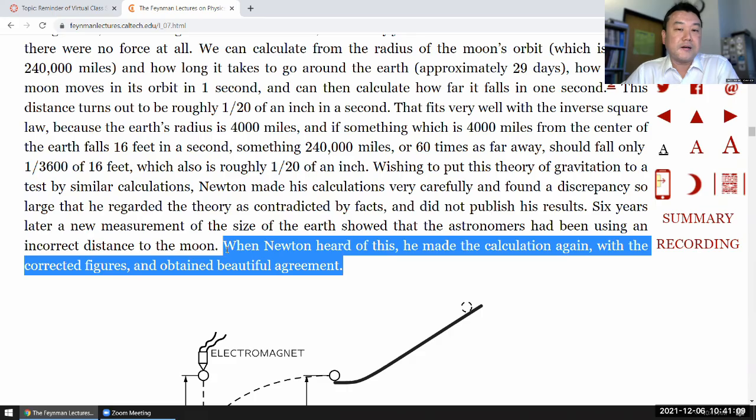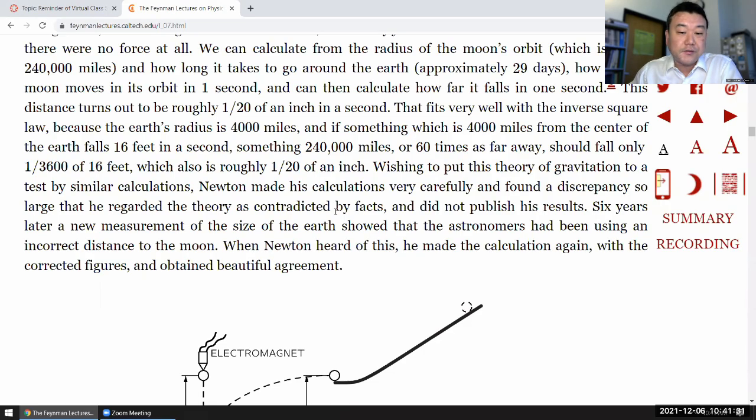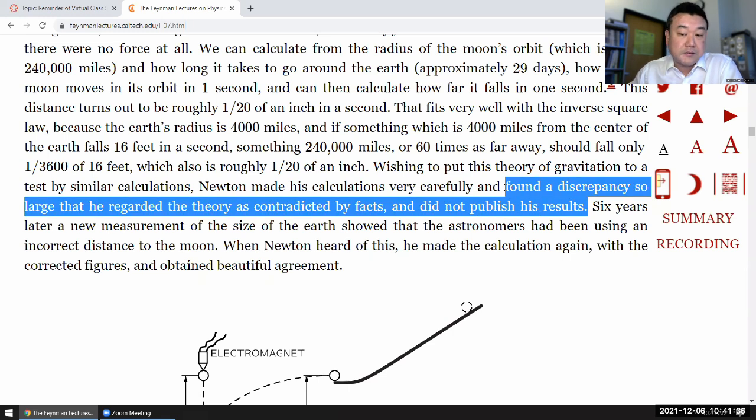I think there are scientists, especially in other fields, who think about what we call publication bias, in the sense that we scientists, and the peer-reviewed journals, tend to want to publish only the results that show a positive result. Kind of equivalent to Newton not publishing his result because he saw a discrepancy that he considered too large.